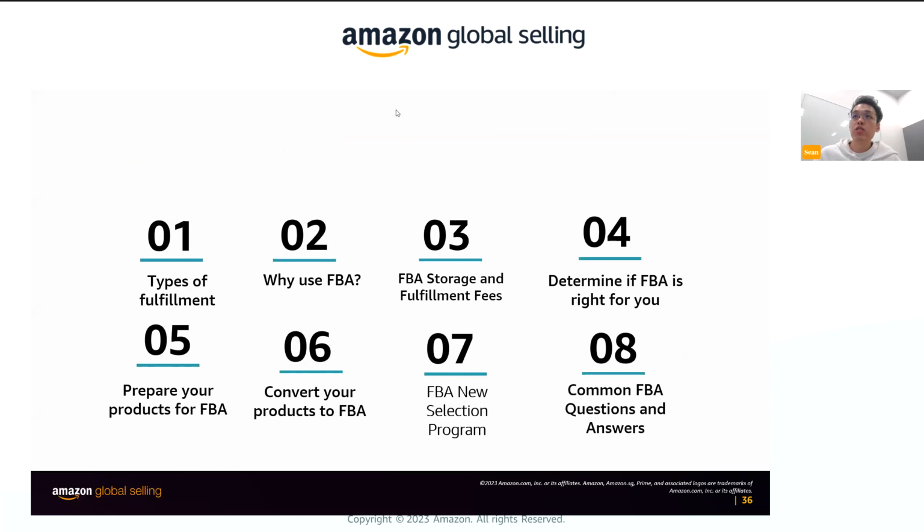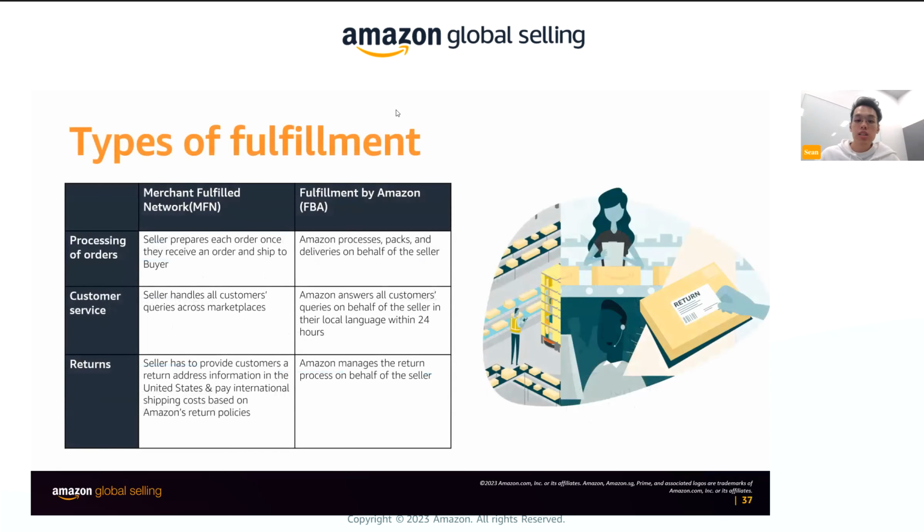So we'll go through this in 8 parts: types of fulfillment, why use FBA, storage fees, if FBA is right for you, understanding if your product is suitable for FBA, converting your products to FBA, and the new FBA new selection program. The types of fulfillment on Amazon will be 2: merchant fulfillment network and fulfilled by Amazon. Under merchant fulfilled network, you list your items.